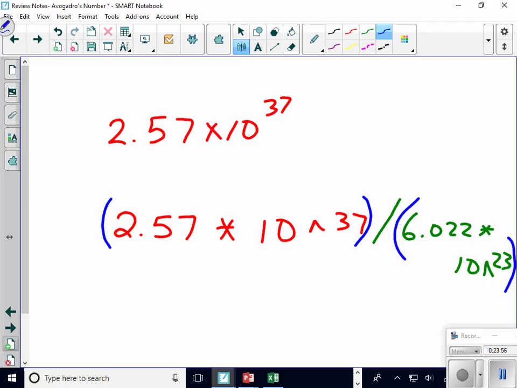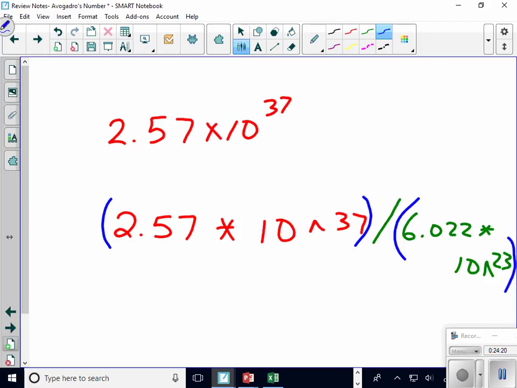Because I know, just as an estimation, my number is going to be somewhere, what's 37 minus 23? 14. So it's going to be somewhere near the 14th power. So I know that. I do it like that, it works out.